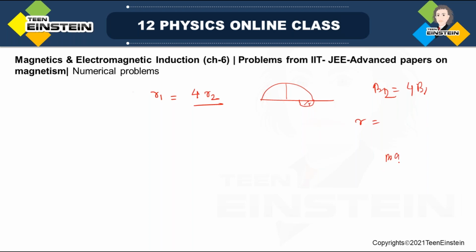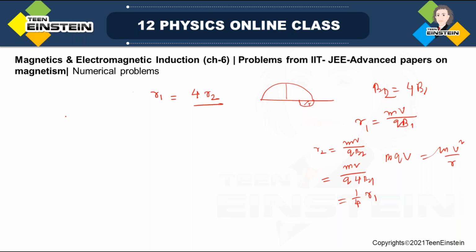BQV is equal to MV square by R, so R will be MV by QB. R1 will be this, V is same, M is same, and R2 will be MV by QB2. B2 is 4 B1, so R2 is 1/4 of R1.